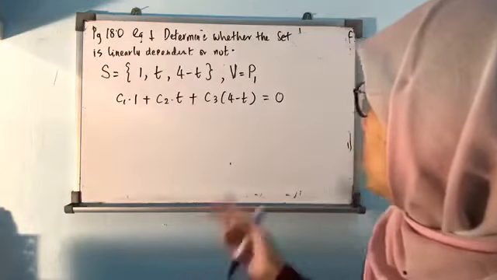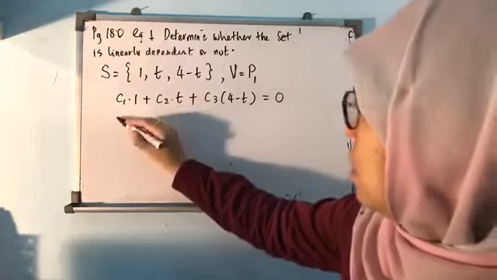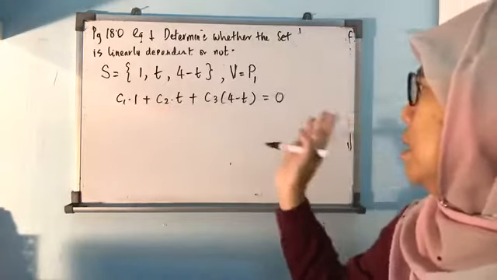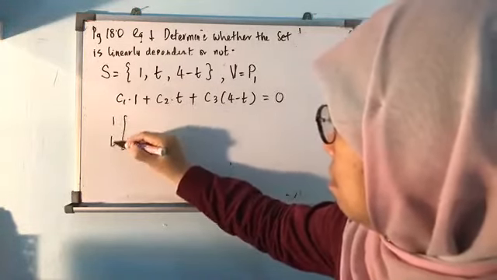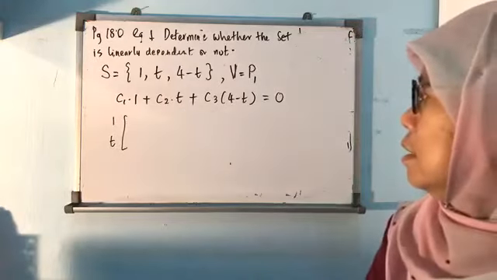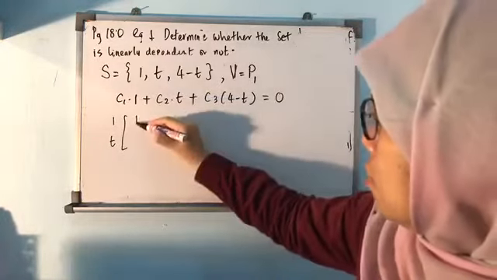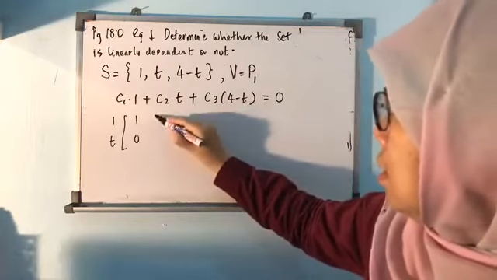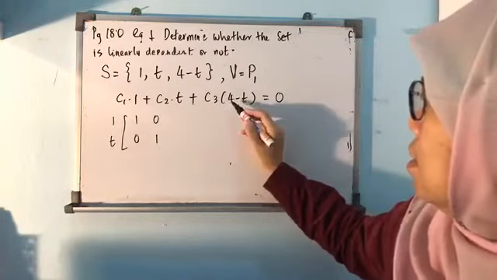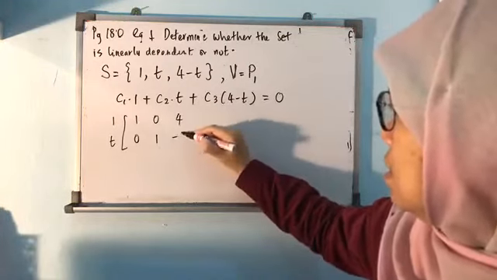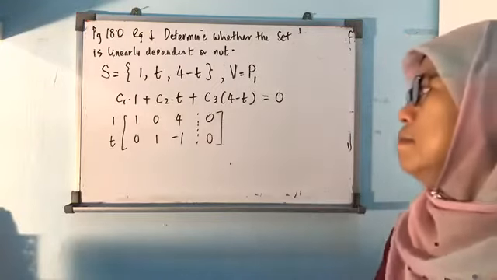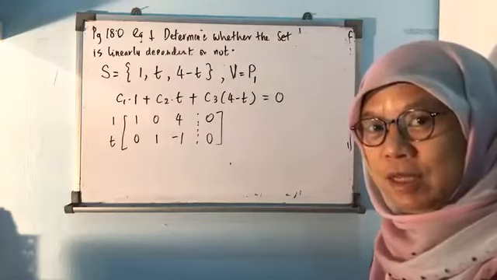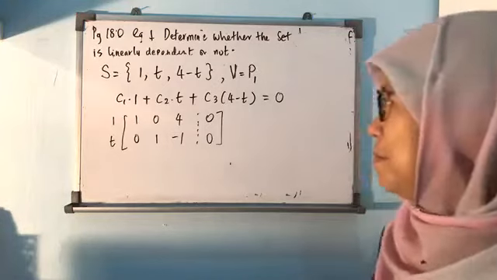Okay. So what we do here is, you remember, you can multiply out and add and so on. But if you remember last time, we do this, right? So 1 is 1, 0. T is 0, 1. 4 minus t is this, right? And then this is already in row echelon form, right?